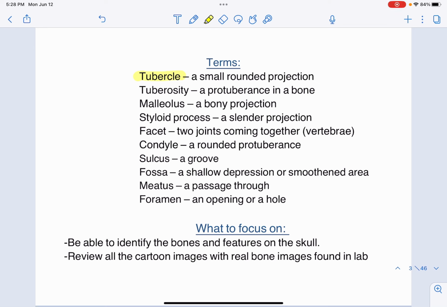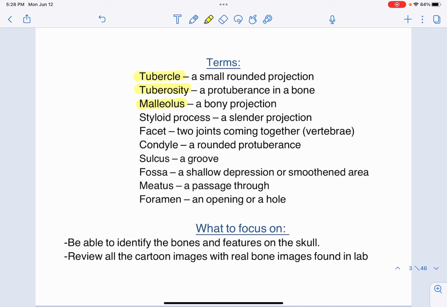A tubercle is a small rounded projection. I'm not going to go into where you're going to find them just yet. I just want to introduce these terms, and then I will show you specifically where you can find them when I have pictures of all of the bones. A tuberosity is also a protuberance in a bone. Malleolus is another type of bony projection.